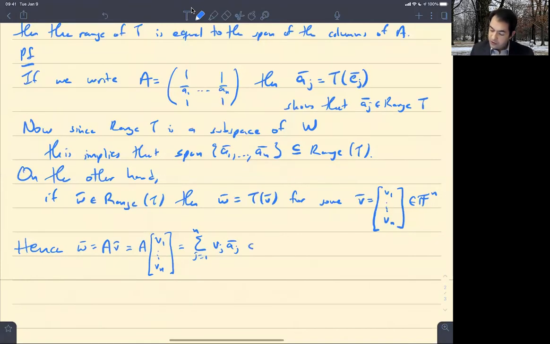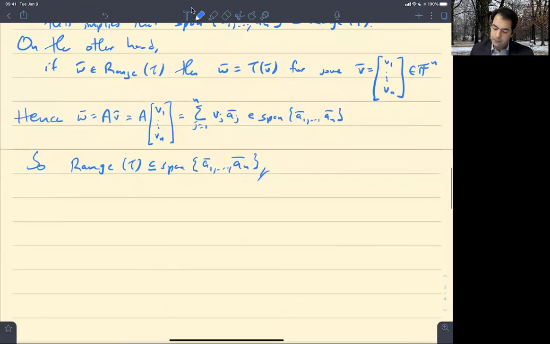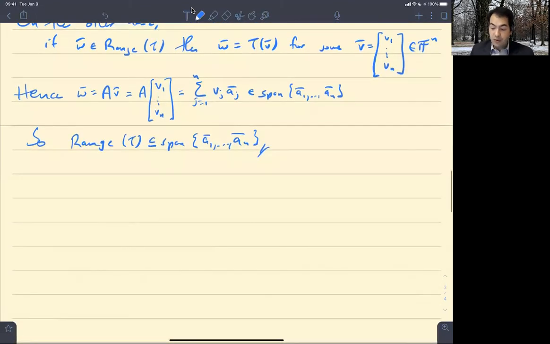So in particular, this is an element of the span of the columns of A. That shows that the range of T is a subset of the span of the columns. Okay, so that proves the proposition.